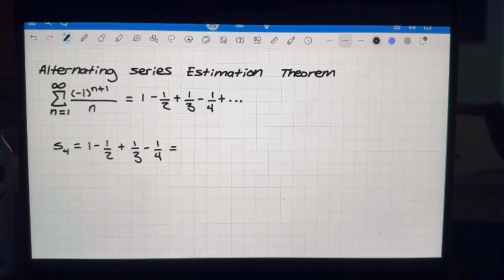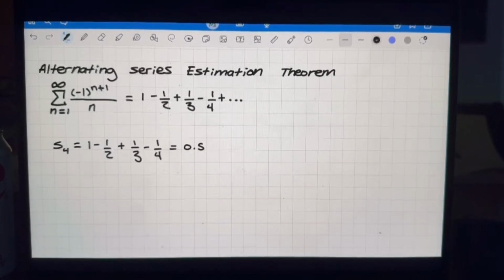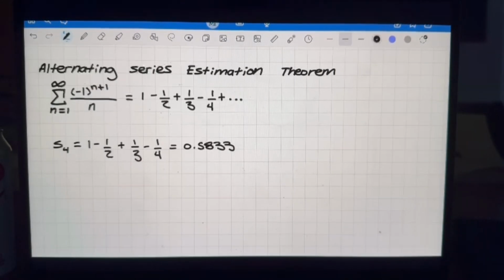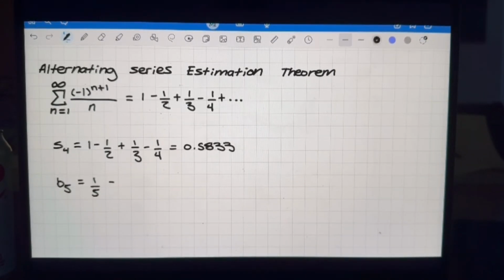To illustrate this theorem, consider the alternating harmonic series. Suppose that we approximate the sum using the first four terms, as shown here, which is equal to 0.5833. The next term, which we do not include, is b sub 5, which is equal to 1 over 5, which is also 0.2.